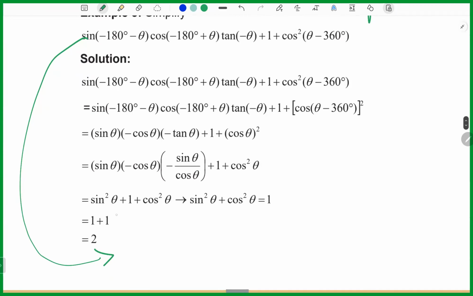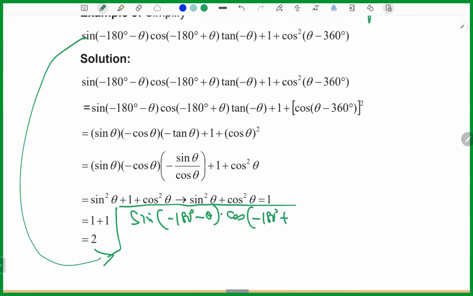Writing down exactly the exercise here, it becomes sine of (-180 degrees minus theta) times cosine of (-180 degrees plus theta), times tan of minus theta, plus 1 plus cosine squared of (theta minus 360 degrees).